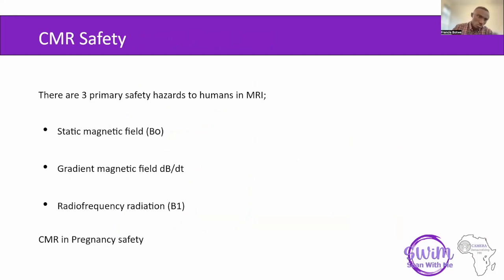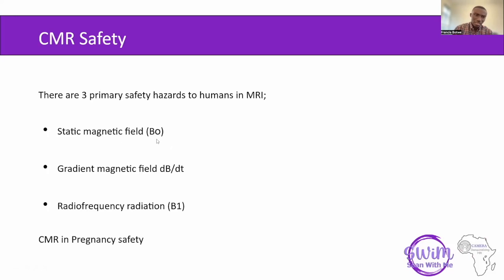Let's go to safety in our MRI imaging, and for this instance, cardiac imaging. What are some of the safety hazards that one can encounter in the MRI department? We have three primary safety hazards to humans in the MRI.